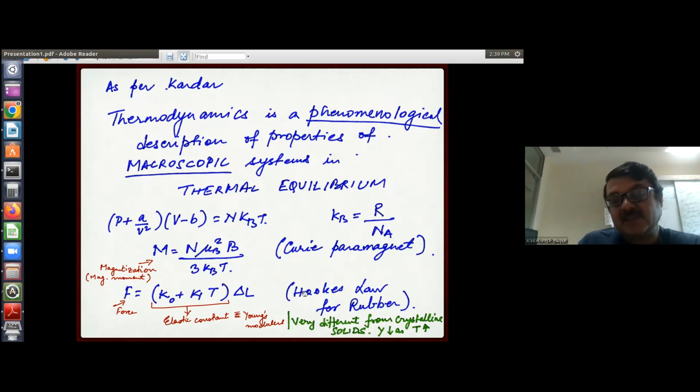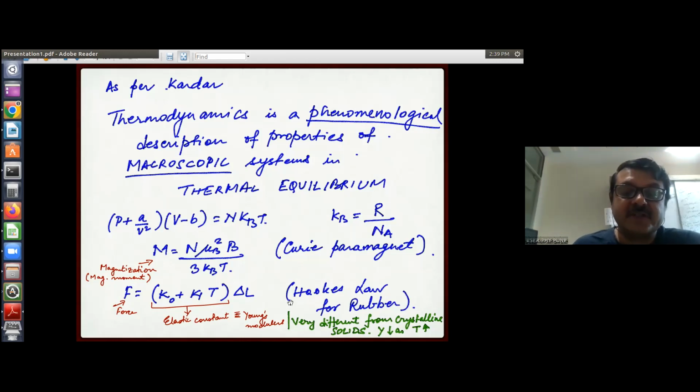Now, this is Hooke's law, but for rubber. And here it says that if you want to stretch a piece of rubber, then the force applied to stretch it by delta L is linearly proportional, of course.